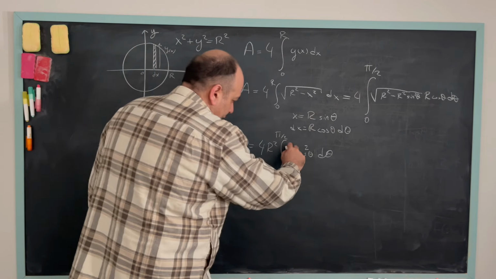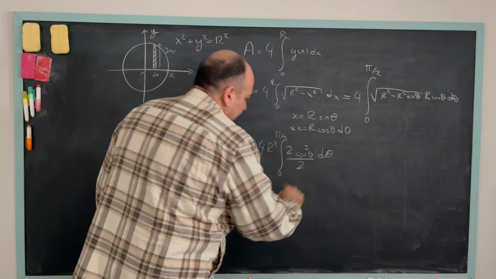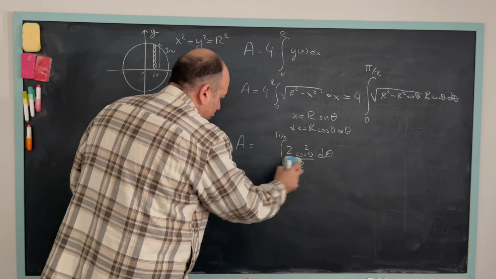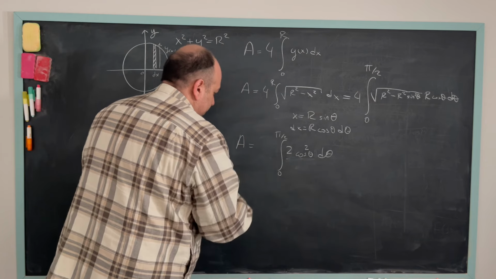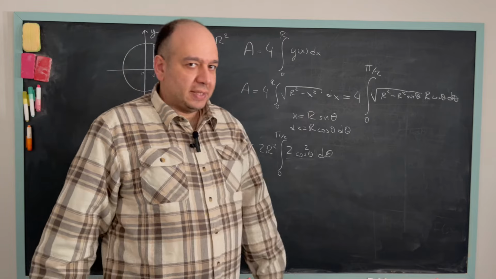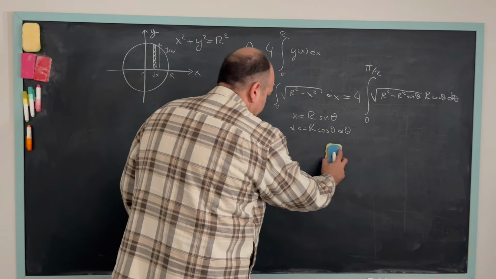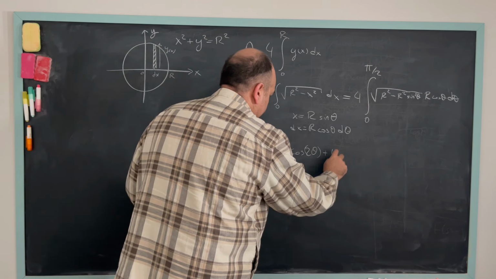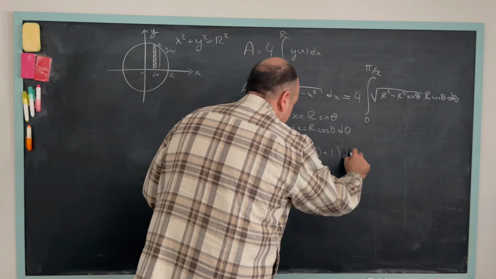Okay, so now I can multiply by 2 and divide by 2. Okay, this gives me 2r squared here. And 2 cosine squared theta is equal to, as you may all remember, cosine 2 theta plus 1 d theta.